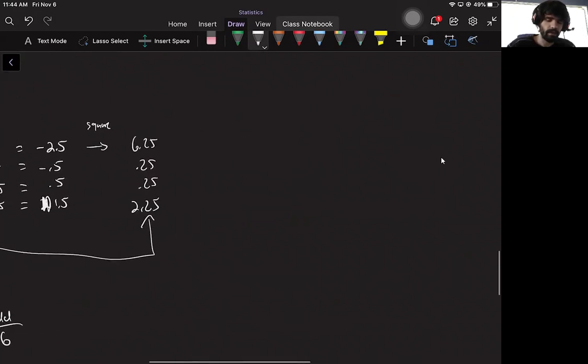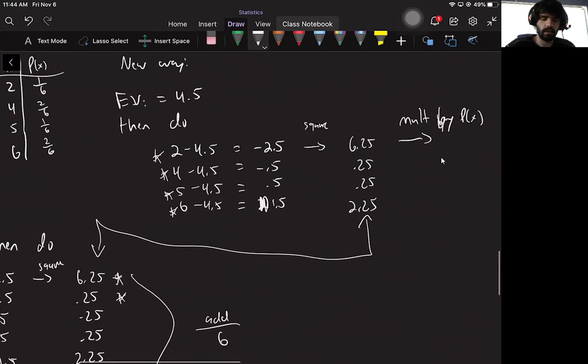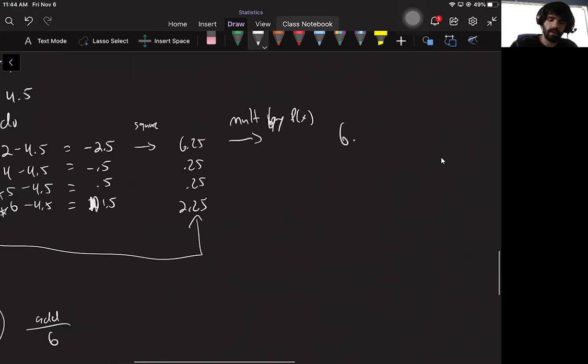Okay, so then instead of adding at this point, we multiply by the probability. And that is what is going to account for the fact that some data shows up more often than others. So this first guy, I'm going to multiply by 1/6. And then the next one I'll multiply by 2/6, and then the next one by 1/6, and then the last one by 2/6.